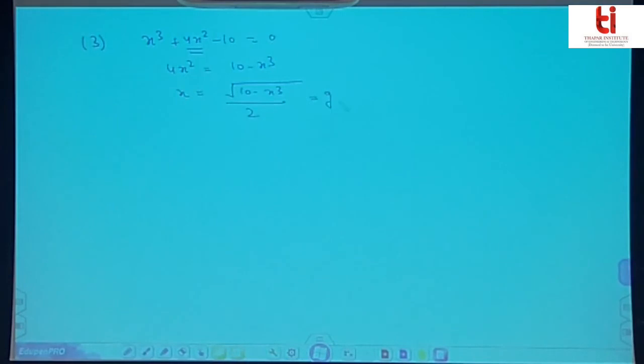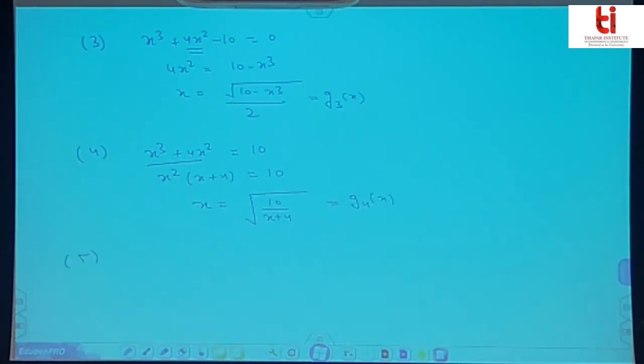Suppose this is another g, that is g3. Fourth is what? x cube plus 4x square equal to 10. We can take x square common from here. That is x square times x plus 4 equal to 10. x equal to square root of 10 upon x plus 4. Let us suppose it is g4(x).